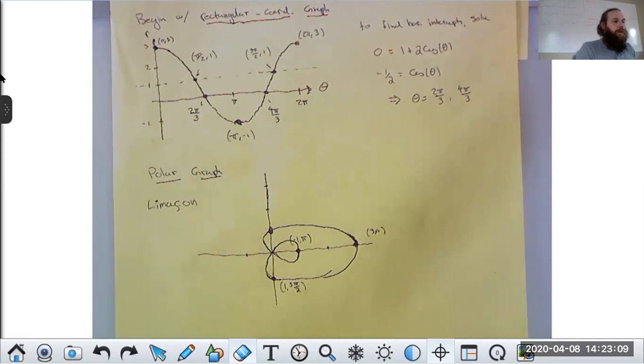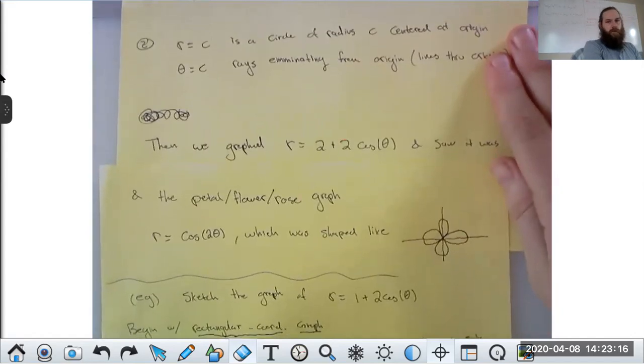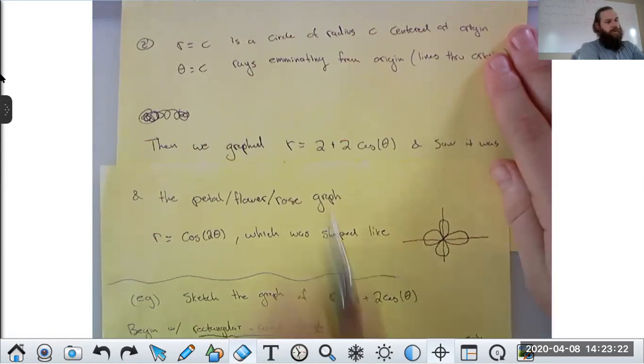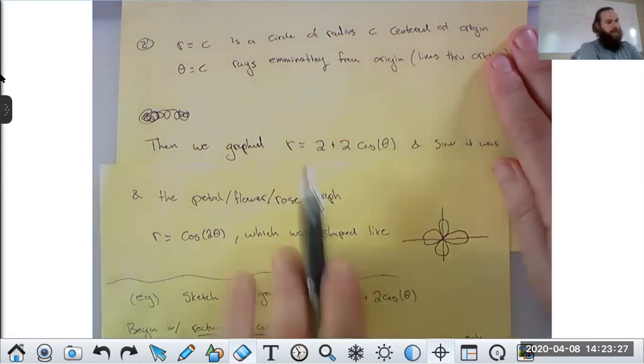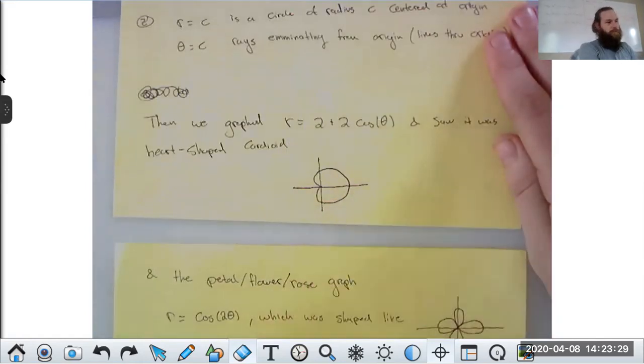So one question you may be asking at this point, if you compare the two equations, r equals 2 plus 2 cos theta and r equals 1 plus 2 cos theta, what is it about this second equation that makes it different than this first equation? Why does this guy have a loop when this guy was just the heart, just the cardioid?